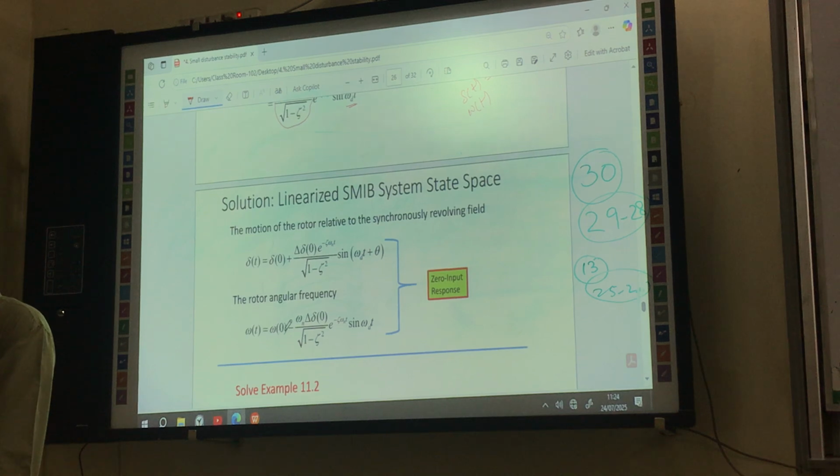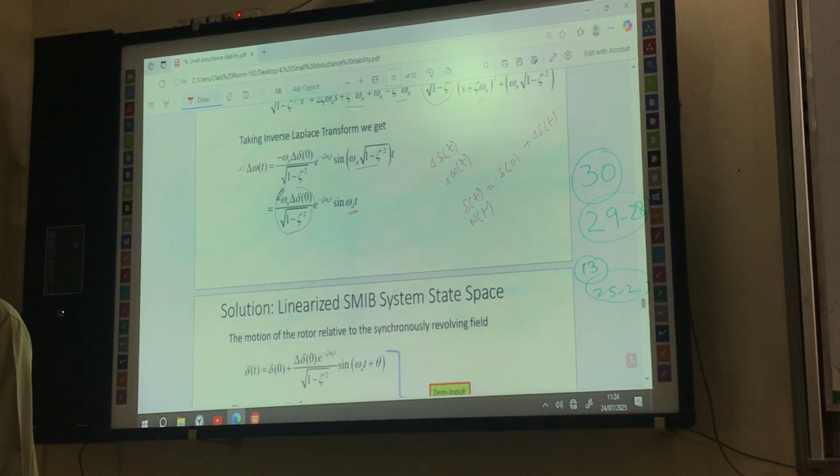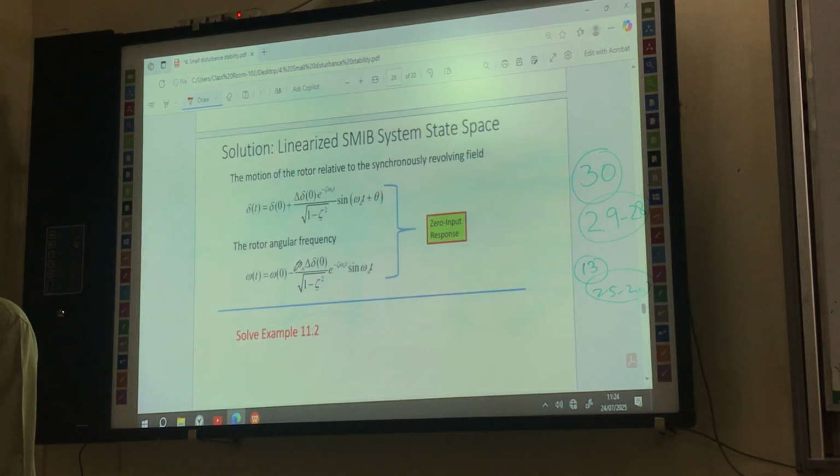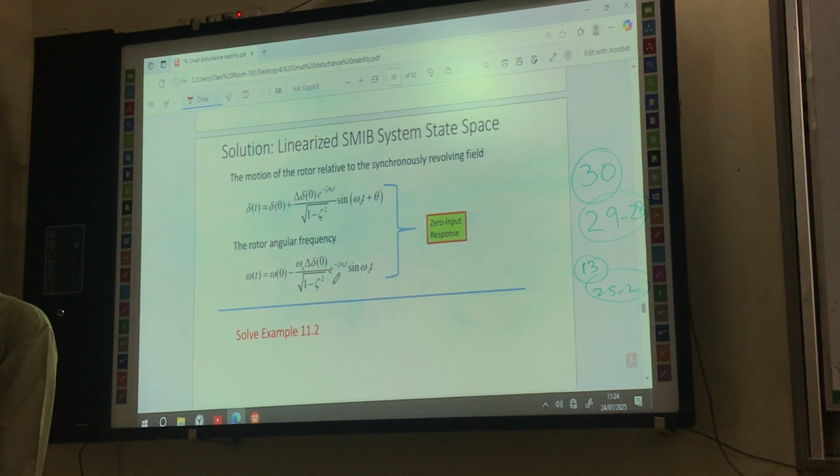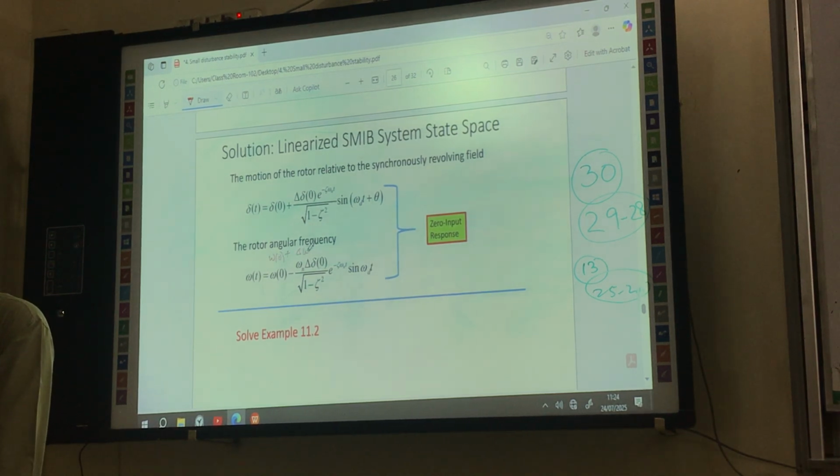It will be omega of 0 plus del omega of t. But in del omega of t we have some minus sign, that's why this minus has come here.